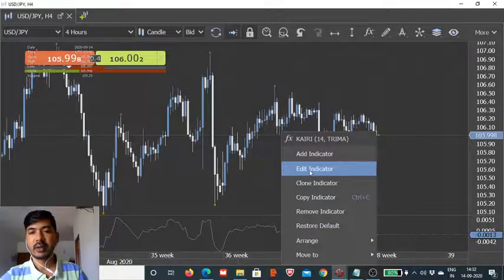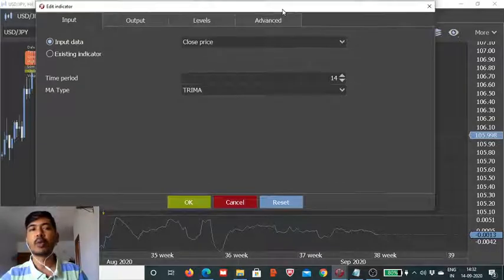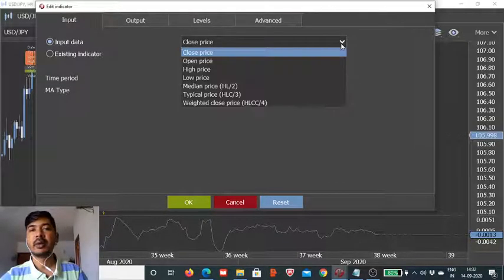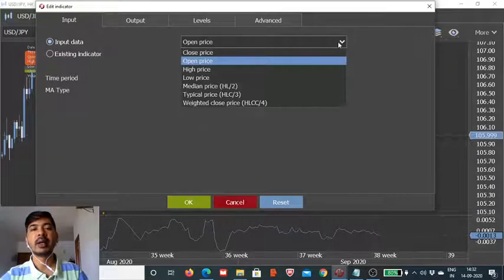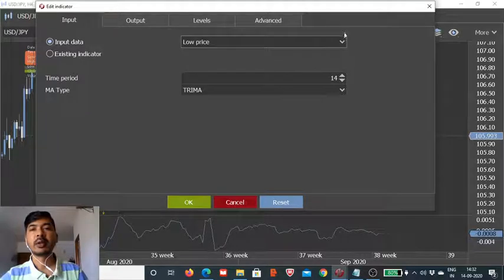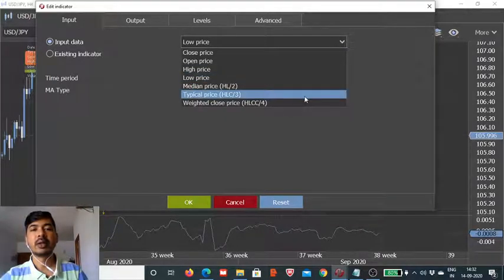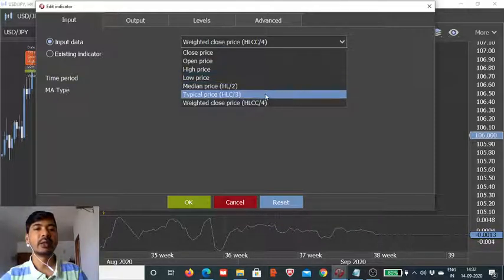If I edit this, you will observe that the output value for the KAIRI changes. So you have to do a lot of experimentation, see what type of price will serve your purpose well, and then take that price into consideration.